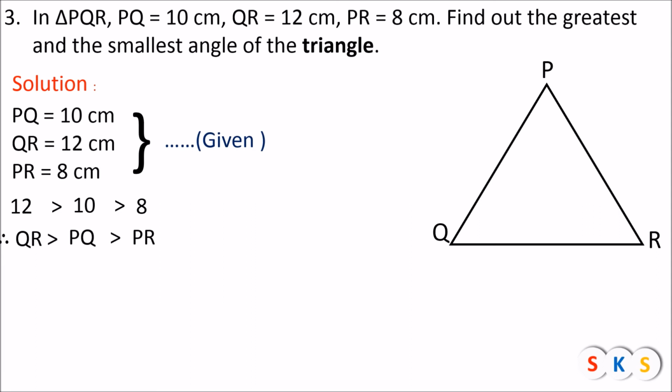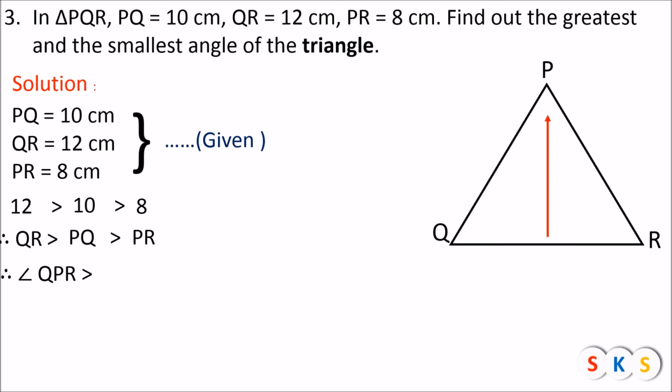You can see that angle P. Angle QPR is opposite to side QR. So we will write here angle QPR greater than, now what is the next side? PQ. Which angle is opposite to PQ in this figure? Angle R, angle PRQ. So we will write here angle PRQ.